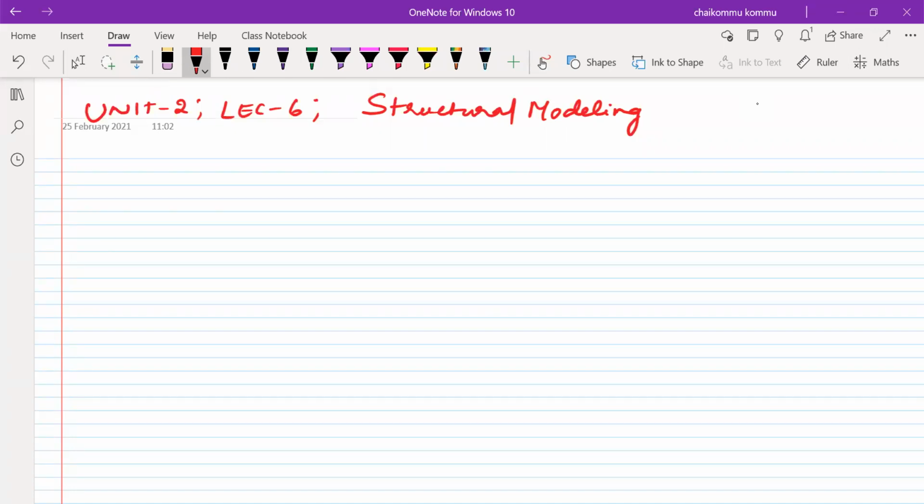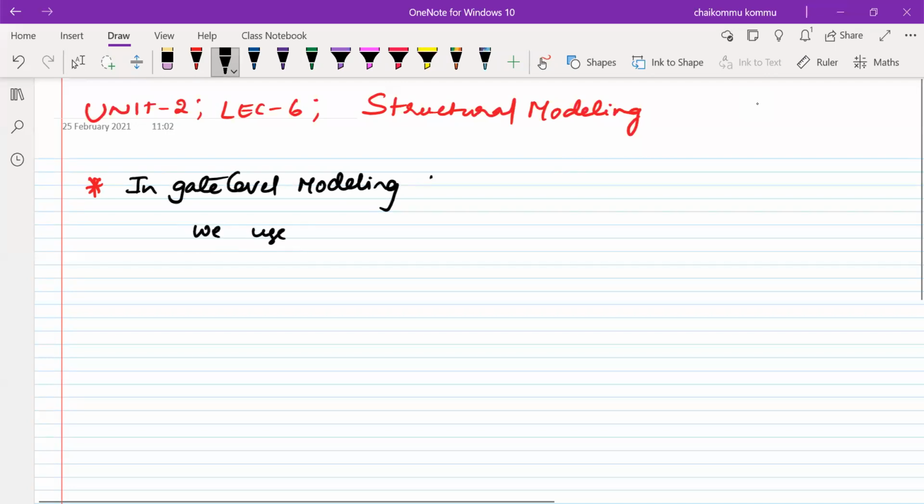But instead of basic building blocks like built-in primitives, we have to define the component and make use of that. So what do I mean by this? I'll tell you, I'm writing here. In gate level modeling, we use built-in primitives.